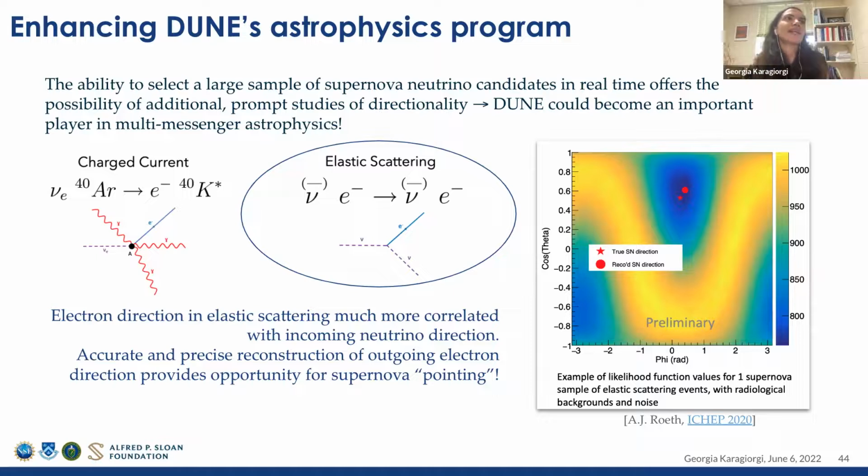The ability to select a large sample of supernova neutrino candidates in real time offers the possibility of also additional prompt studies of directionality.